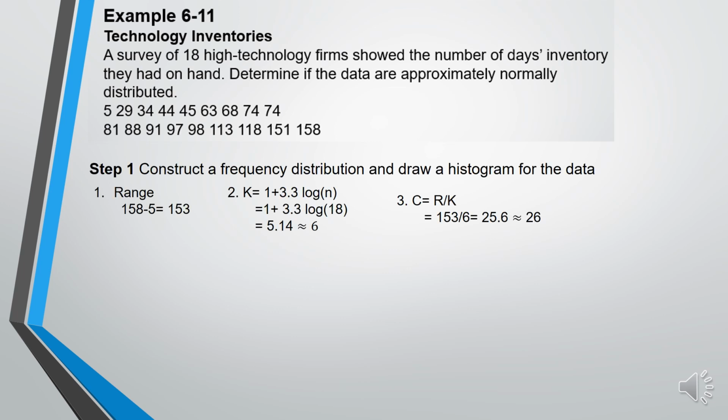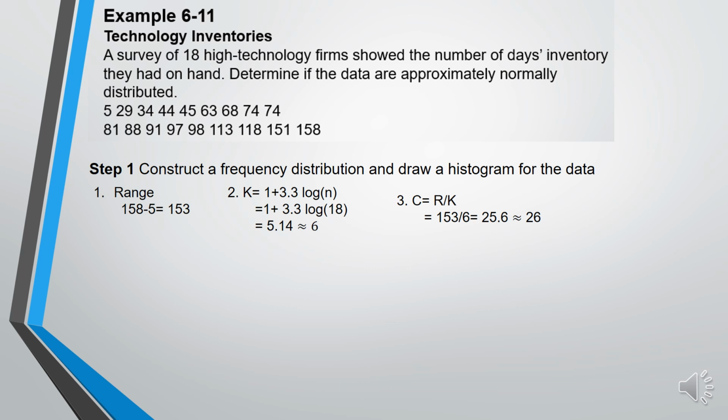Now that we know the value of k, which is the number of classes, equal to 6, and c, the class width, equal to 26, these are the given data that we are going to use to create a frequency distribution.